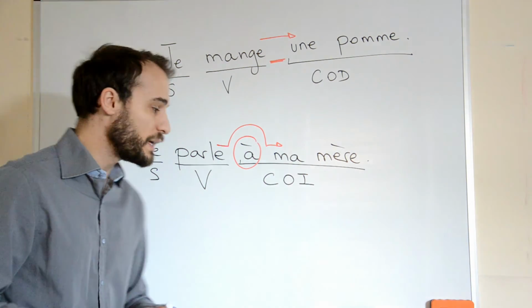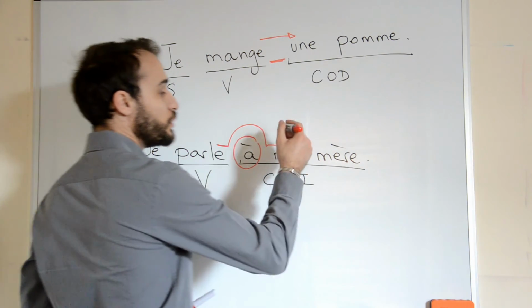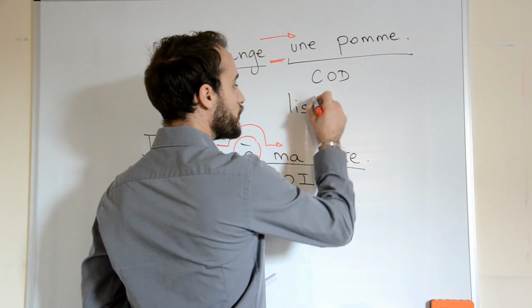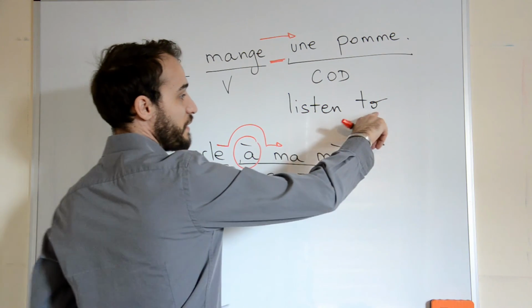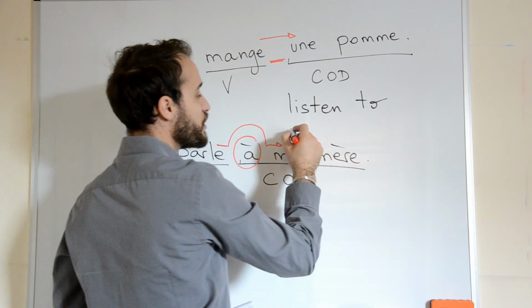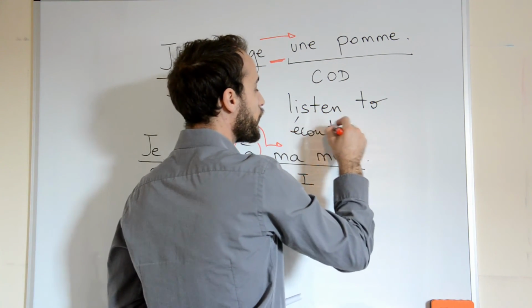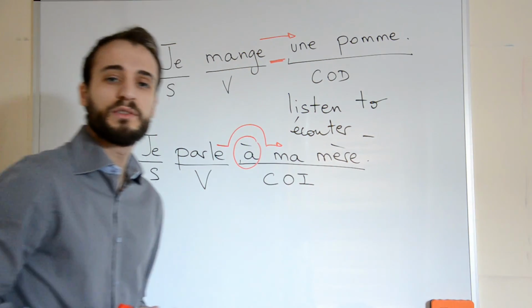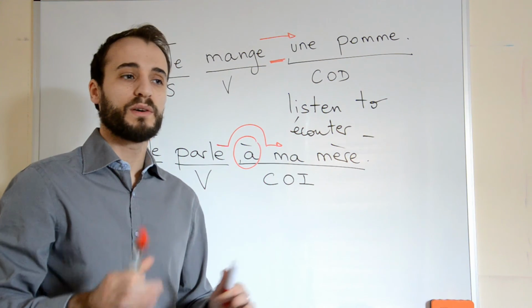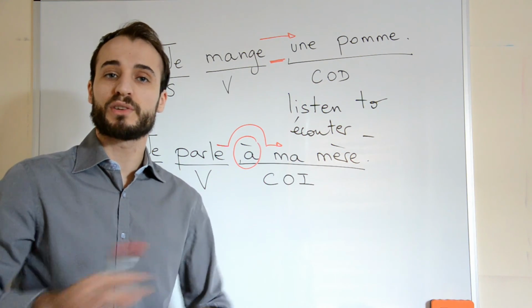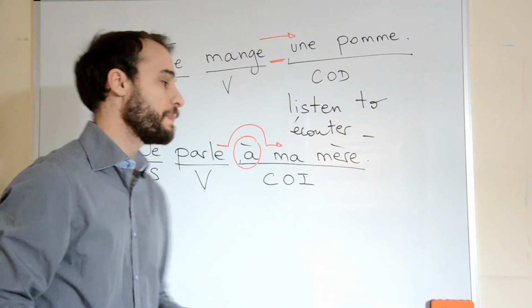If you look at it, the verb in English is to listen to, so that is indirect, you've got to after. But in French it's écouter, and there's nothing after. So in French it's direct, whereas in English it's indirect. So don't think that because it's indirect in English, it must be indirect in French. It is not always the case.